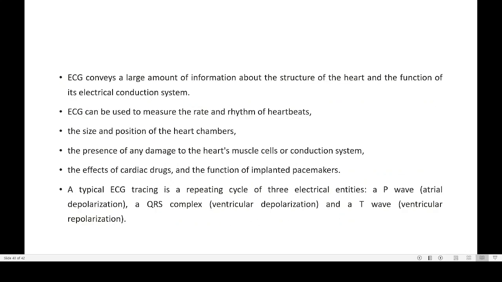tracing. Now, the biggest significance of this ECG is that here you can see that, let me take some more pictures.